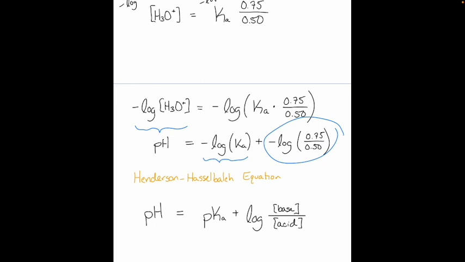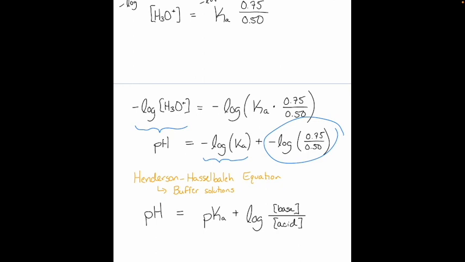This Henderson-Hasselbalch equation is specific to buffered solutions. So from here on out, when we want to calculate the pH of a buffered solution, we don't have to do it the long way. We can just use this equation right here.